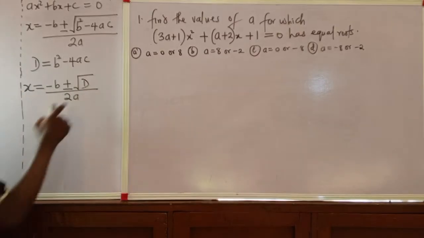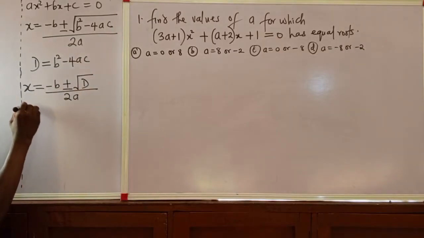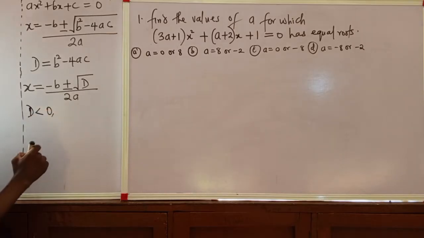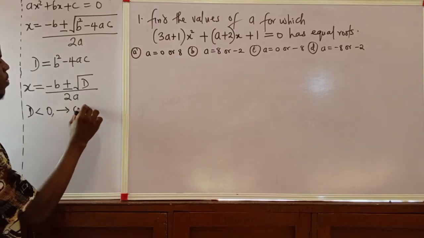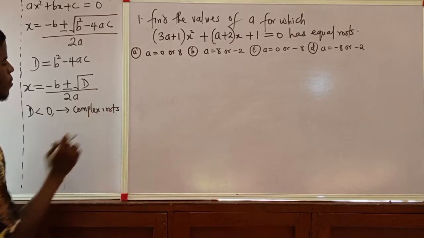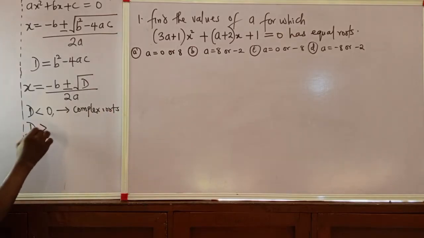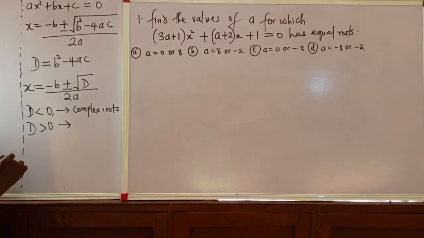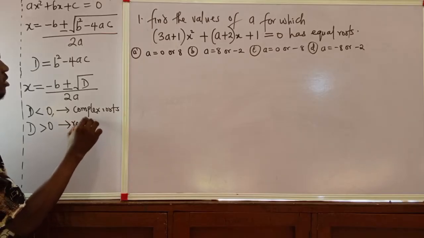Now, if the discriminant of a quadratic equation is less than 0, it means that the equation has complex roots. If the discriminant is greater than 0, then the equation has real and distinct roots.